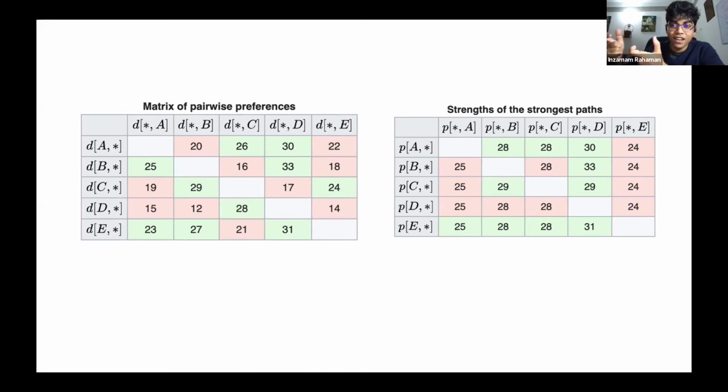You flag it as green or red, and then you look at your rows, and the row with the most green is the winner. So in this case, an easy winner, right? Because the path strength from E to everybody else versus from everybody else into E is larger. So because of that, E is the overall winner. And the ranking can also be produced from this matrix by looking at the number of green cells in the rows.